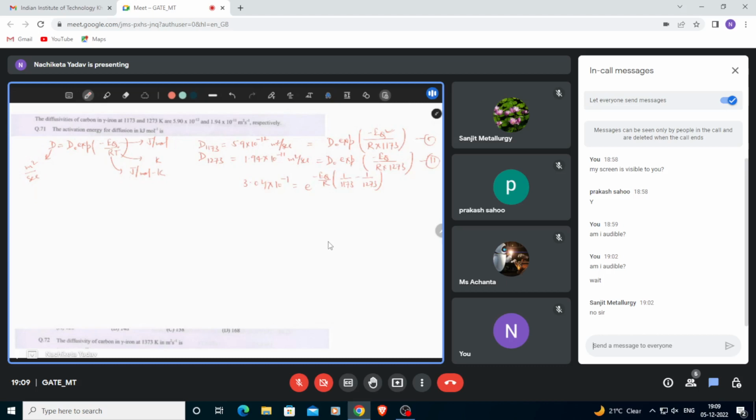So can you tell me what will be the value of EQ? Prakash and Achanta. R is the gas constant, 8.314 you can write. This value is in joule per mole Kelvin.